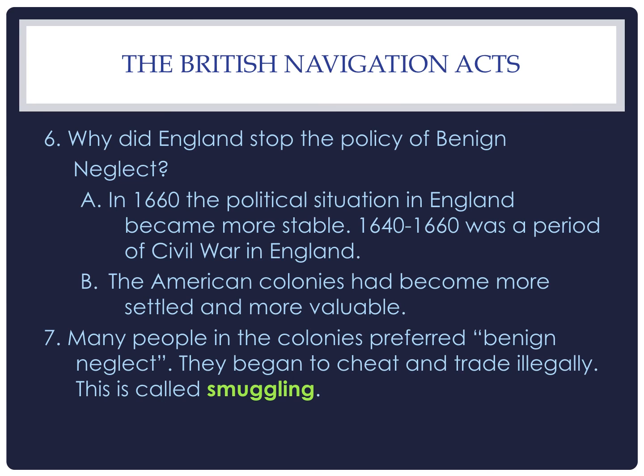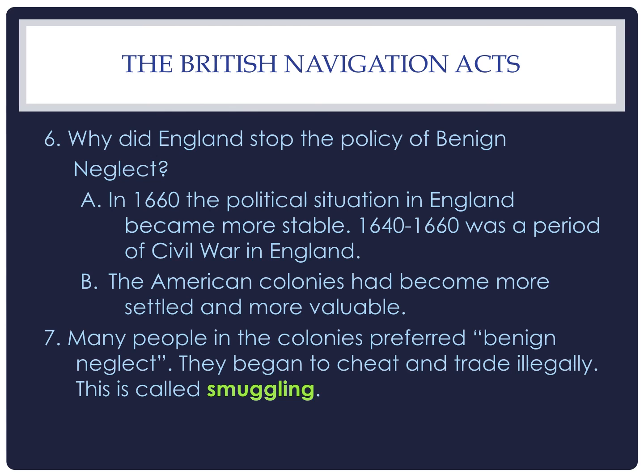And by 1660, the American colonies had become much more valuable, right? They were more settled, more valuable. So many people in the colonies really preferred the way it had been before. They preferred the benign neglect. They wanted to be left alone. So when these Navigation Acts were put into place, some merchants began to cheat and trade illegally, what is called smuggling.